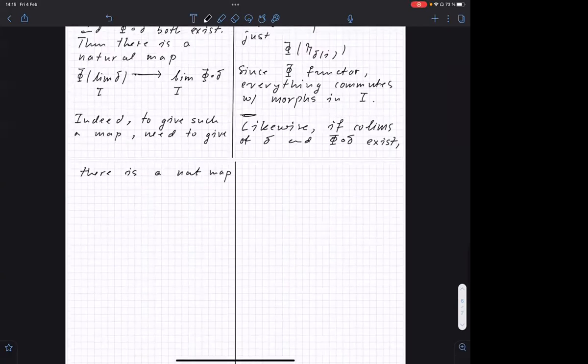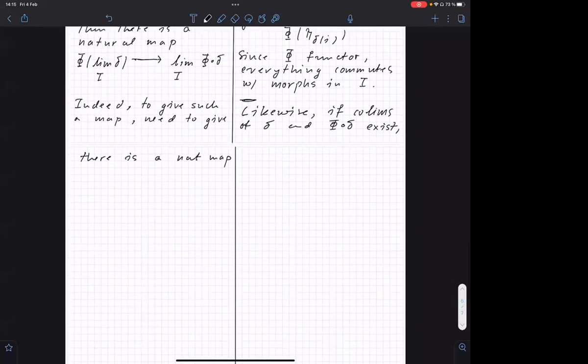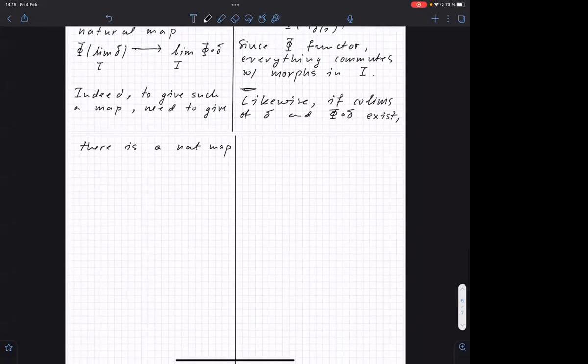And now the universal property of colimit is you know how to map out of it. It's the initial cocone, I think. I always forget which one's cone and cocone by convention. But anyway, it's always the thing you map out of. So there's a natural map from the colimit over I of phi delta to phi of the colimit of delta.